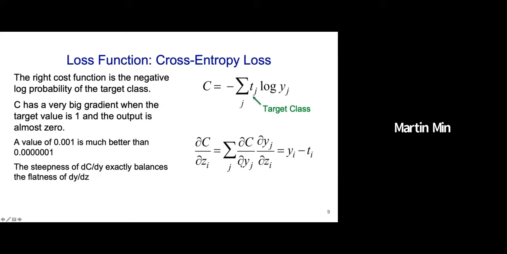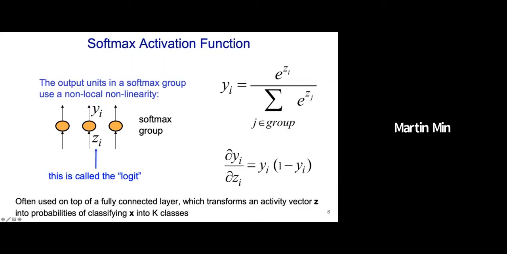Why it is like this, you can do as an exercise after the class. You first need to calculate the partial derivative of the cross entropy loss with respect to y_j, because y_j is the output of your softmax unit. Then you multiply it by the derivative of y_j with respect to z_i, which has this form.